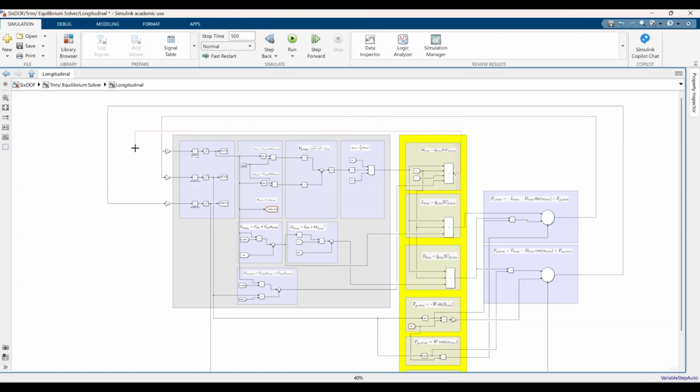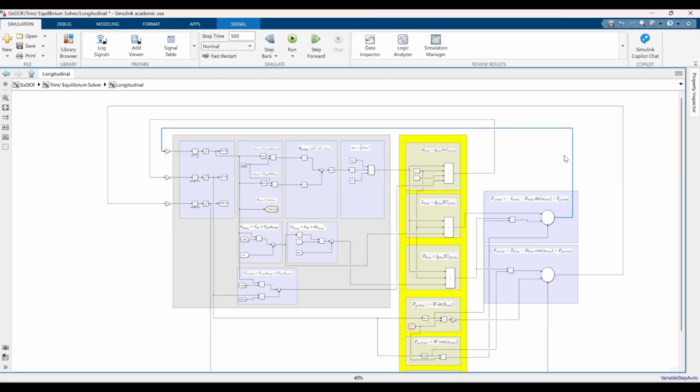Moment would go, I think I got that wrong. So let's get rid of it. The moment one is gonna go to elevator trim, because once you have a trimmed elevator, you definitely don't expect any moment to happen. That's how you know that one is going to go with it. And then the alpha trim will go with fz, just like that.